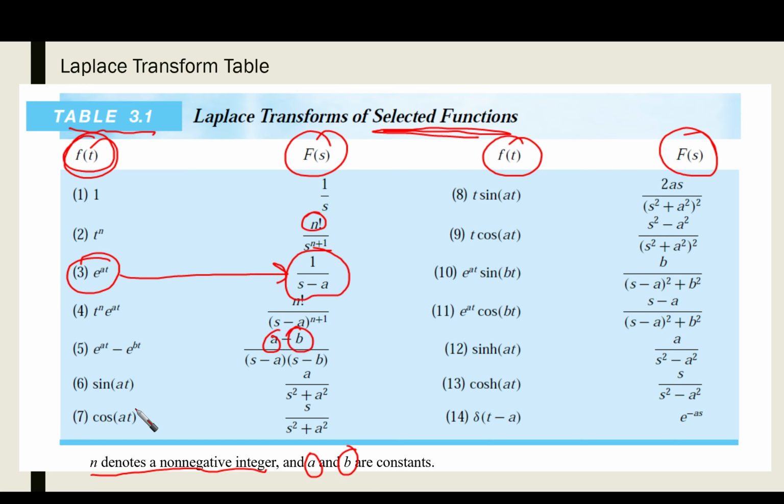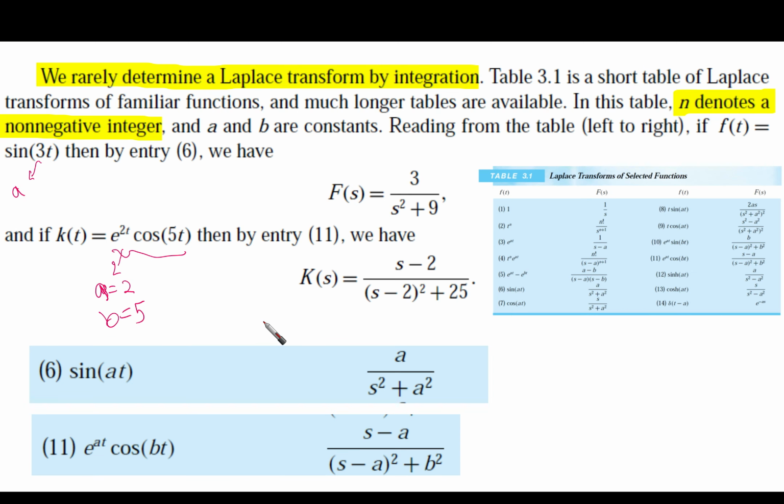Okay, so just remember this in our course. Table 3.1 is a short table of Laplace transforms of common functions, and much longer tables are available. Actually, in the literature you can find much longer tables. In this table, n denotes a non-negative integer, and a and b are constants.